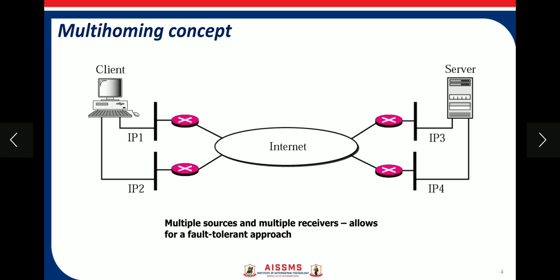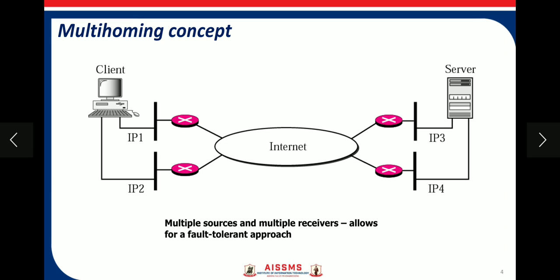In the current implementation of SCTP, only one pair of IP addresses is chosen for network communications. The alternative is used if the main choice fails. The other link can support. So SCTP does not allow load sharing between the different paths.